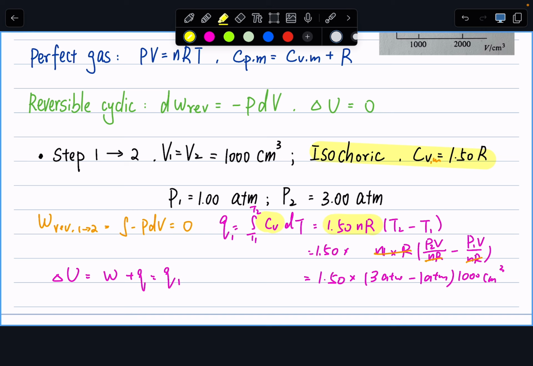All right. And then, well, what is delta U? Well, using the first law of thermodynamics, delta U equals W reversible 4 to 1 plus Q 4 to 1. And you just add these two numbers together to get negative 152.